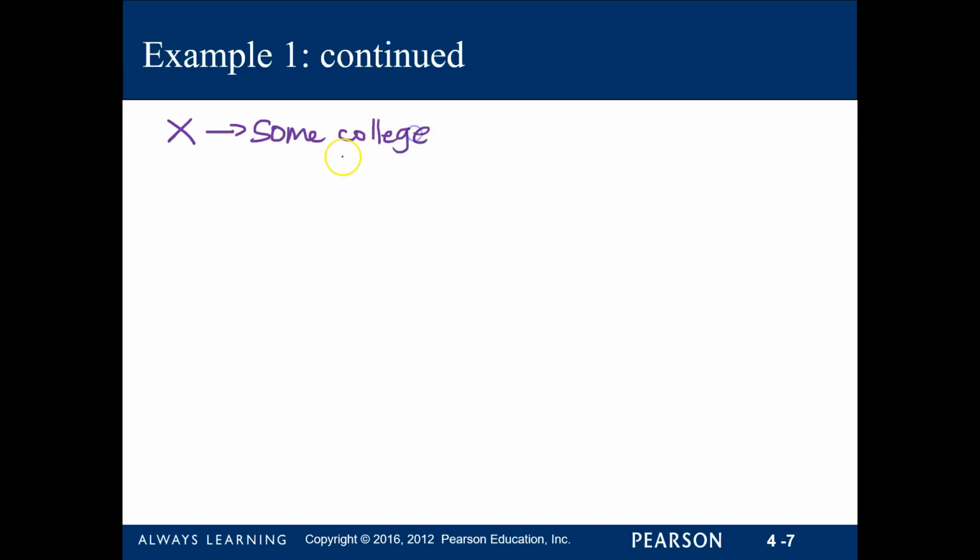That is the earning of some college. Associates, according to the problem, it exceeds by 4,000. So when you say exceeds, it's going to be X plus 4. This is now the representation for the one with associate's degree. All right.